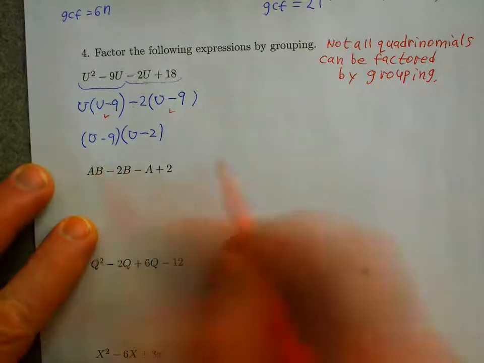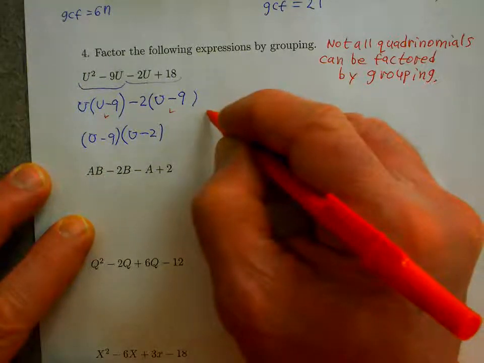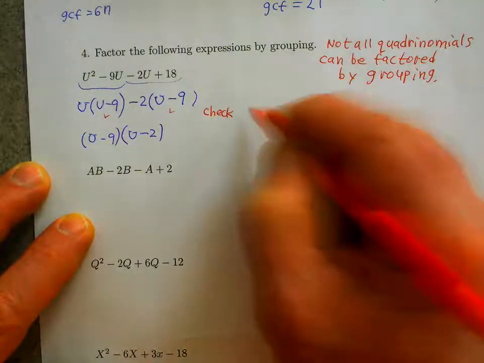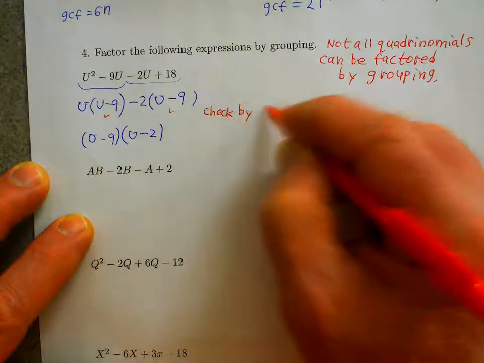So let's use this example to check by multiplying, since we can always check our factoring by multiplying.